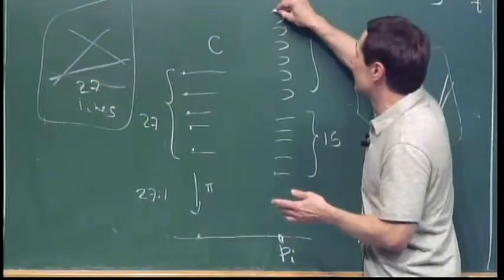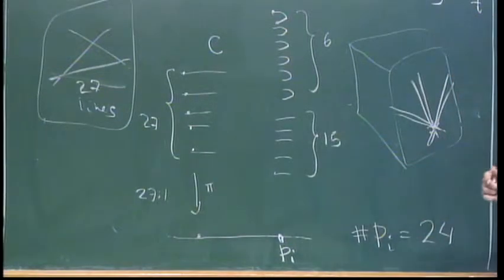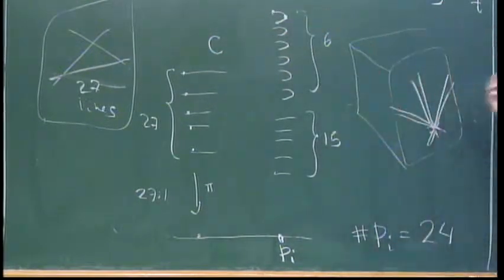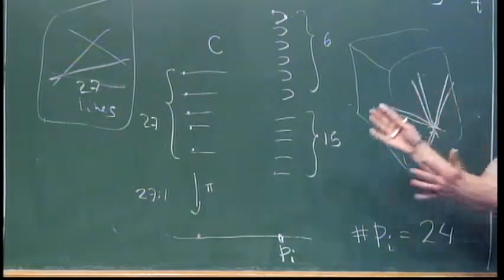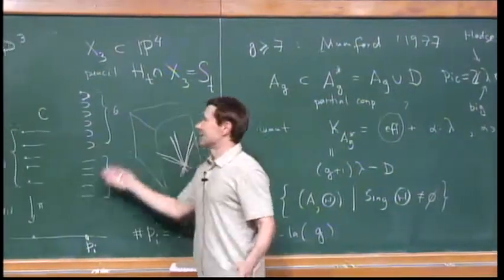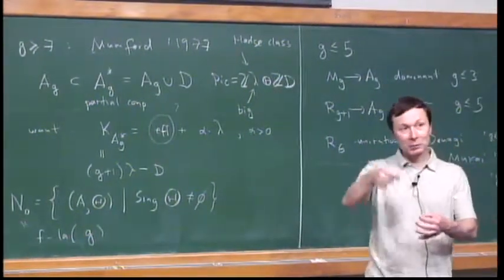So these distinct lines come together, and they're identified with multiplicity 2. Why? Well, there were 27 lines, and now some of them come together in pairs. So a fiber now has 6 points of multiplicity 2.